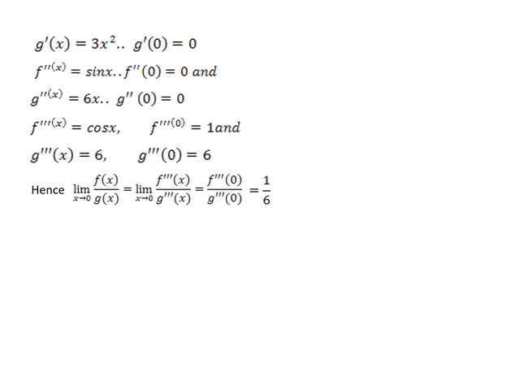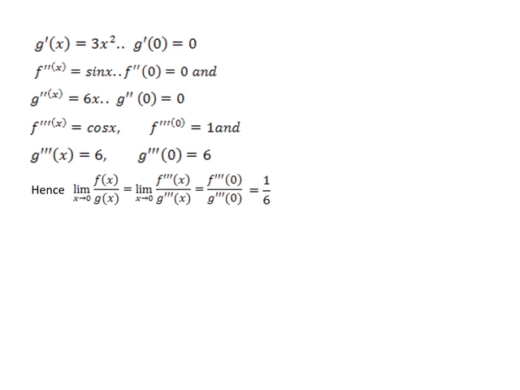Let's differentiate f prime to get f double prime of s. It is 1 minus cos s, and differentiating it gives sin s, because when you differentiate cos it is minus, and minus minus cancels out. So f double prime of 0 is also equal to 0.